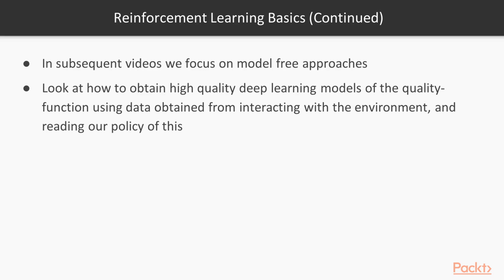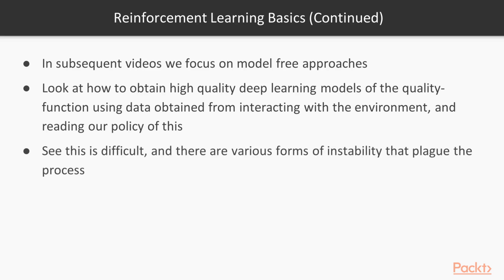For any given state, we're going to choose to do the action that we estimate has the highest quality. Now, if that's relatively straightforward, unfortunately, we're going to see that this is quite difficult in practice because there are various forms of instability that are going to plague the process. So we'll look at what these forms of instability are and how we can deal with them.